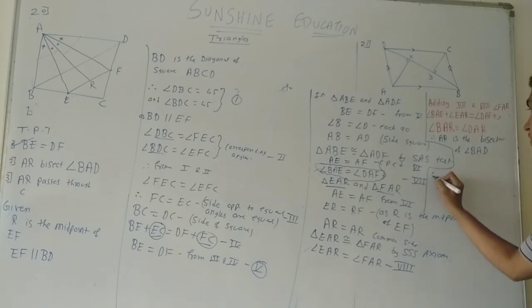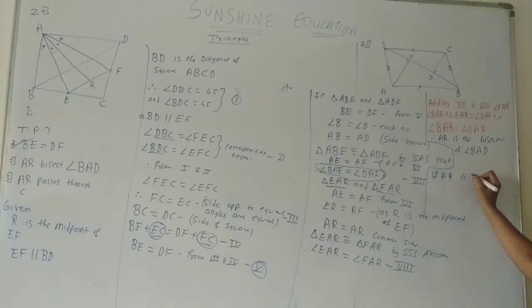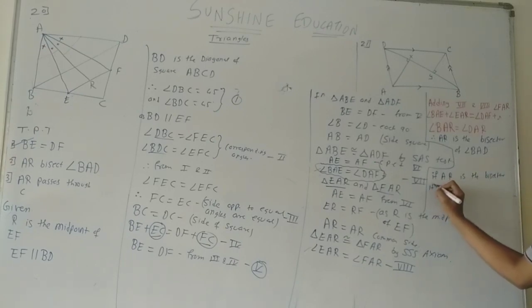And if AR is the bisector, it is part of the diagonal, because a diagonal bisects the angle, right?